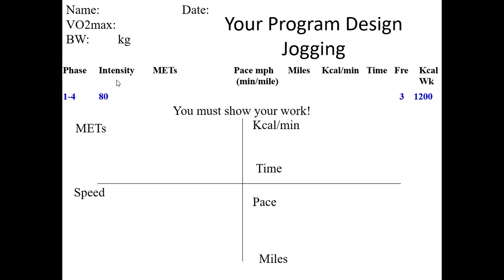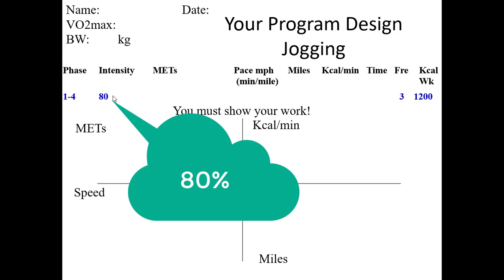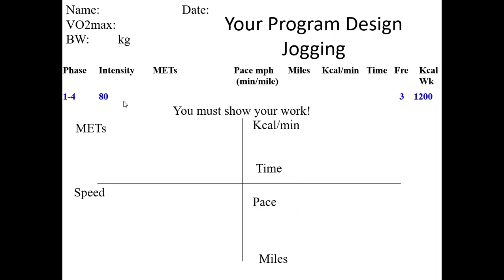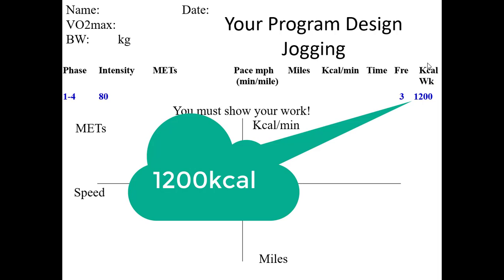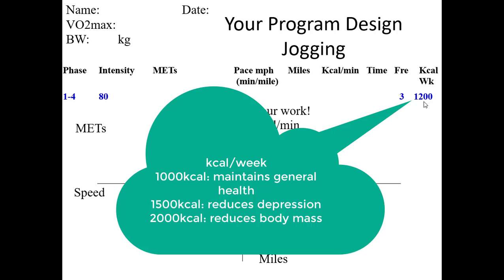How about intensity? Usually intensity is a percentage. So 80% intensity will do. I already set it up here. You can change it, but today I just demonstrate. And another one, kilocalories per week. Kilocalories per week means the amount you can metabolize per week.